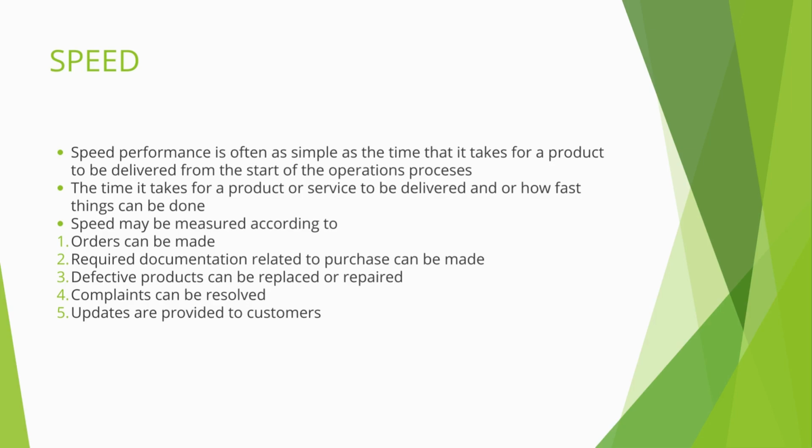So speed may be measured according to how fast orders can be made, how fast required documentation related to purchase can be made, how fast defective products can be replaced or repaired, how fast complaints from customers can be resolved, and also how fast updates are provided to customers.